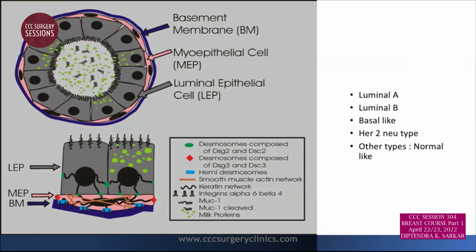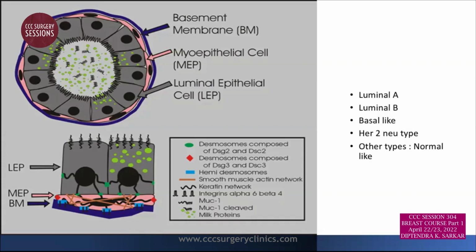It comprises the inner group of cells which are called the luminal cells. And we thought that these luminal cells are the main cells which produce cancers. And we were fools to understand that some of them express ER and some of them express PR and some of them express HER2/neu.